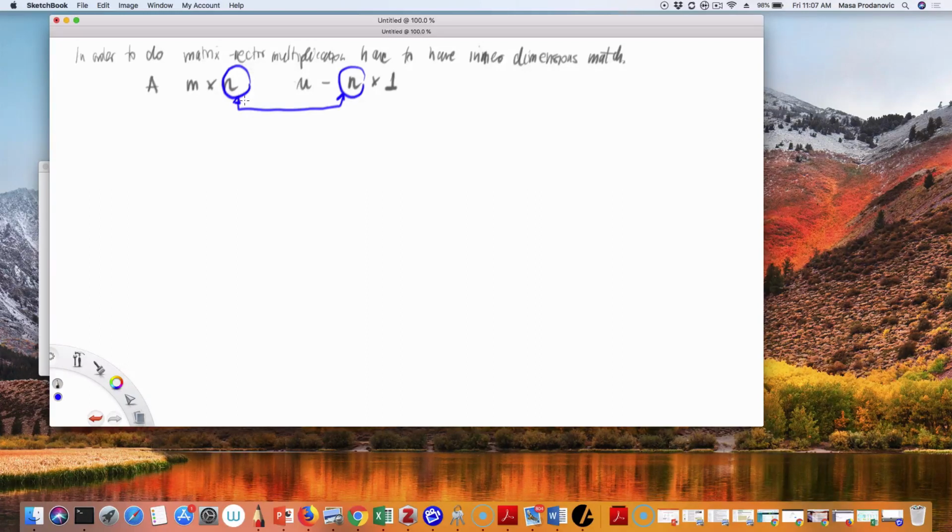So the number of elements in each row of A has to be equal to the number of elements in the vector.